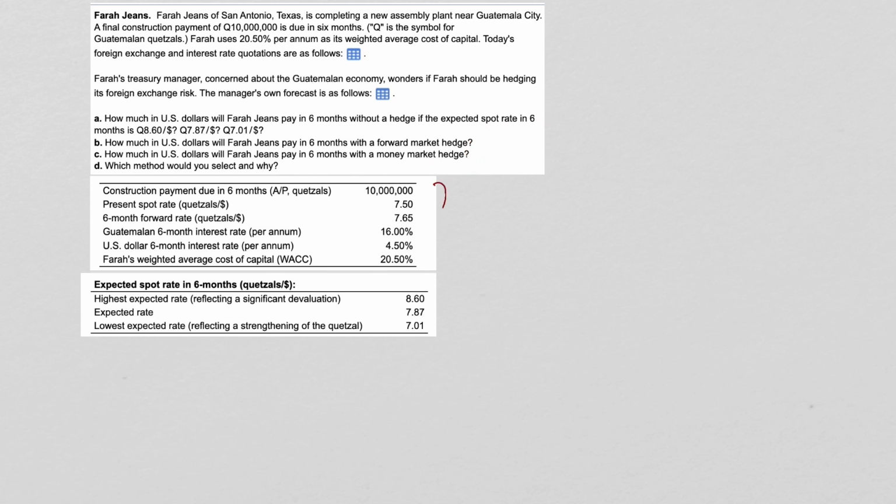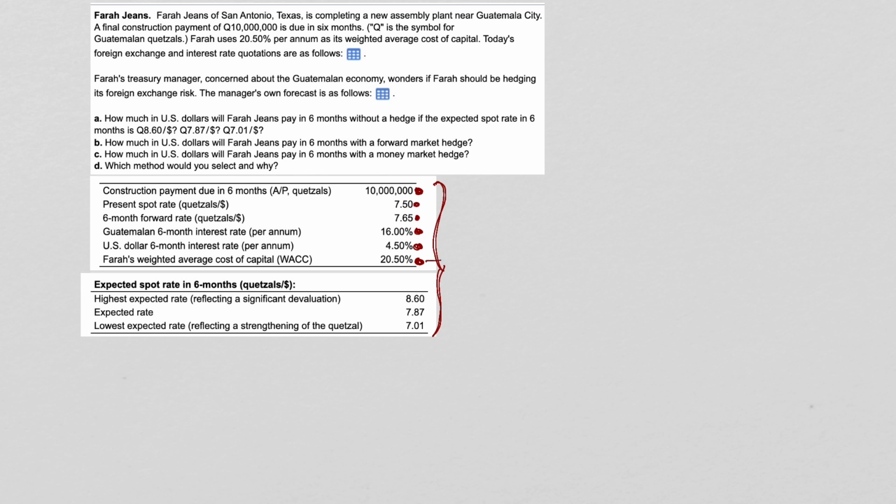Here, we're given a bunch of parameters or variables, starting assumptions, basically how much we're going to have to spend in foreign currency, the current spot rate, the forward rate, the Guatemalan rate of interest, the US rate of interest, and our own company's weighted average cost of capital.